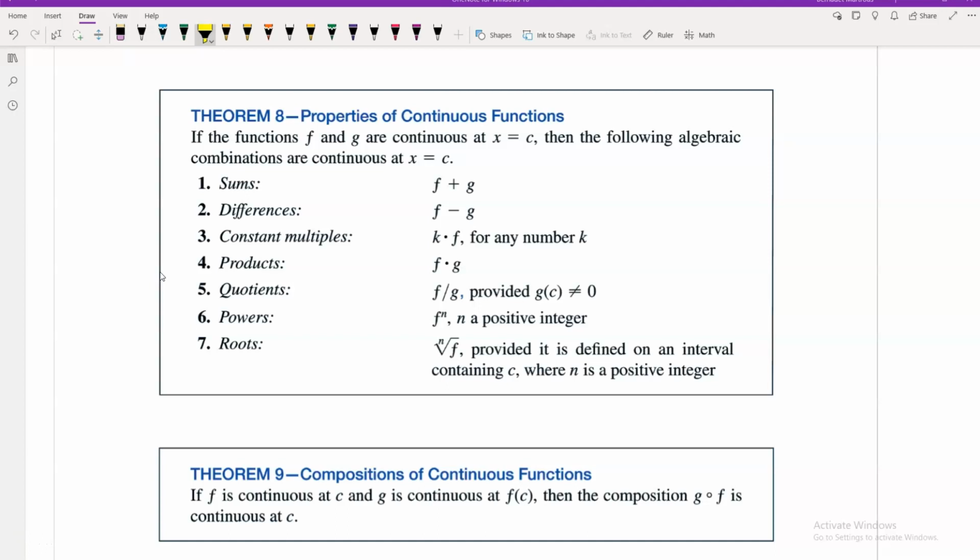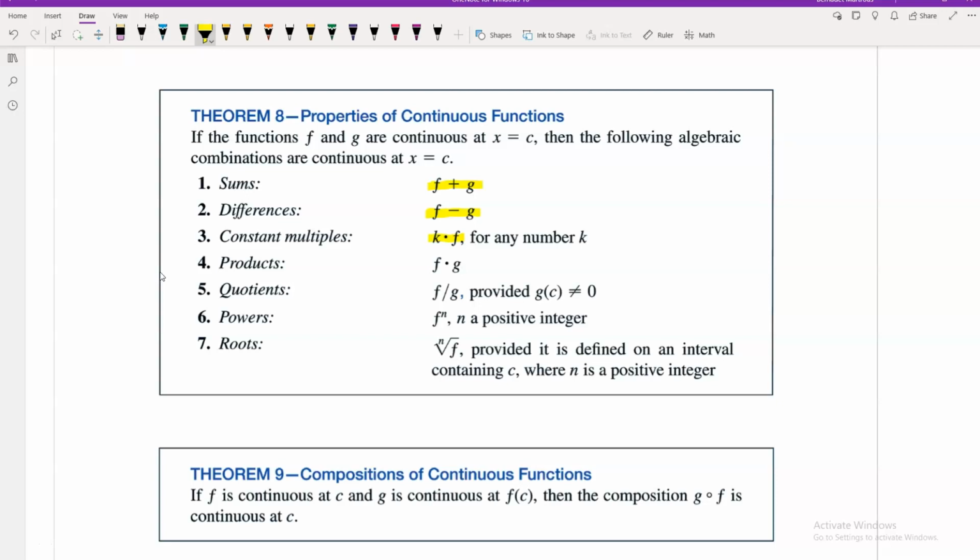Properties of continuous functions. If the functions f and g are continuous at x equal to c, then the following algebraic combinations are continuous at x equal to c. Number 1, here we have sums. So this is the sum of these two functions, f and g. Then we have differences of these two functions. We have constant multiple, so it's k times f, and that is for any number k.